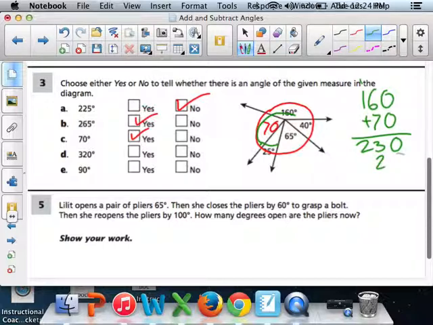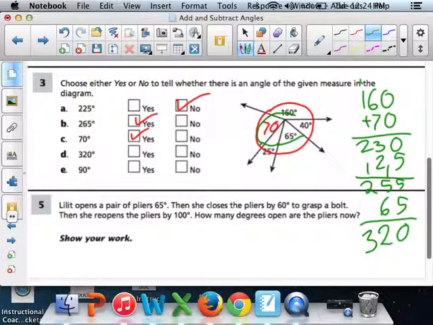Plus 25 equals 255. Let's keep going. 65. 5 plus 5 is 10. Carry the 1. 320. Yes. 320 does exist. You just have to move all the way around.